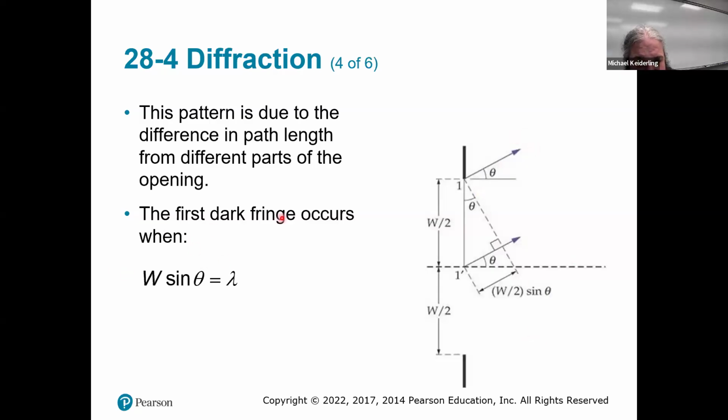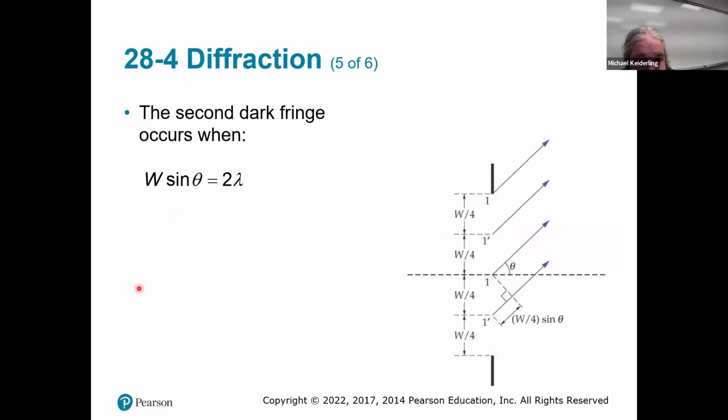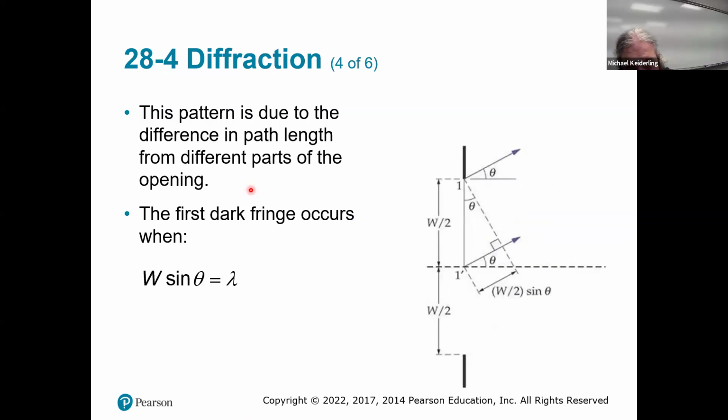And the first dark fringe occurs when the width of the opening times the sine of the angle equals the wavelength. And the second is when the width of the opening times the sine of the angle equals twice the wavelength. And so on.